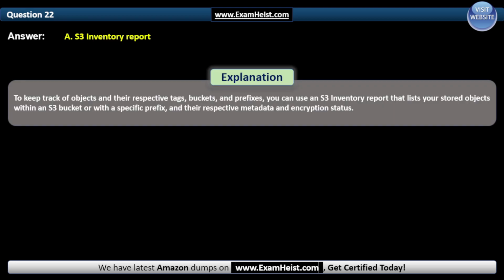To keep track of objects and their respective tags, buckets, and prefix, you can use an S3 inventory report that lists your stored objects within an S3 bucket or with a specific prefix and their respective metadata and encryption status.